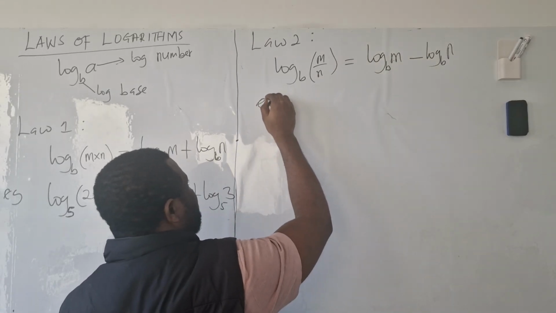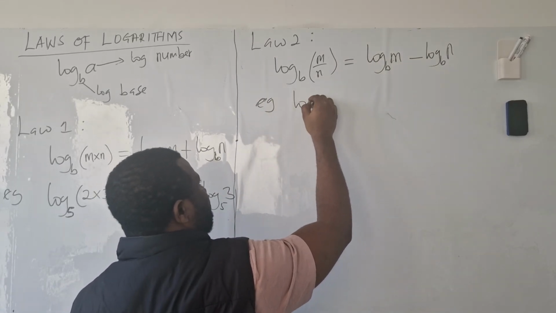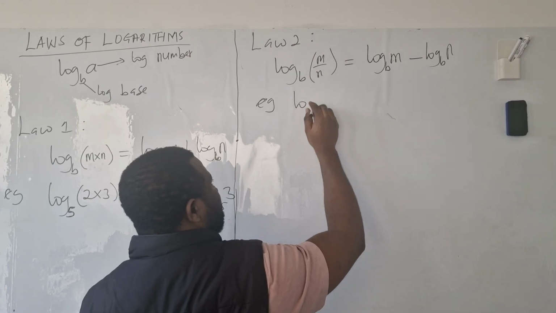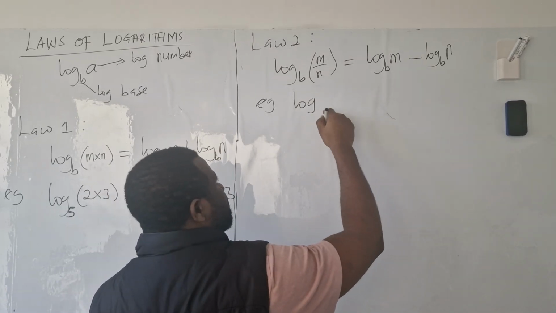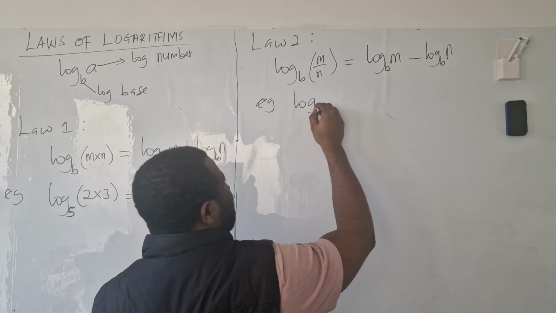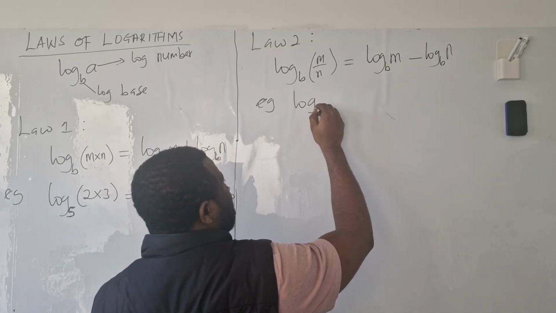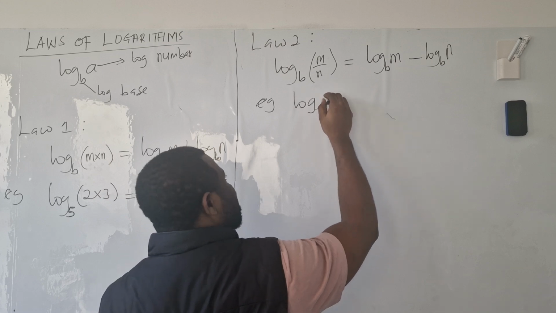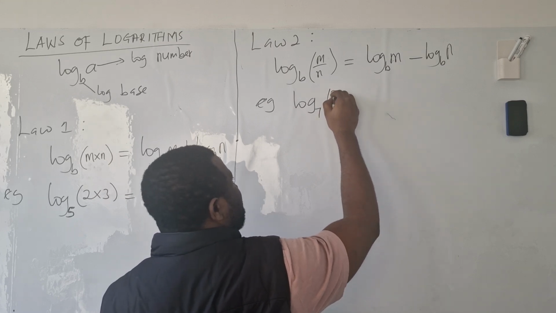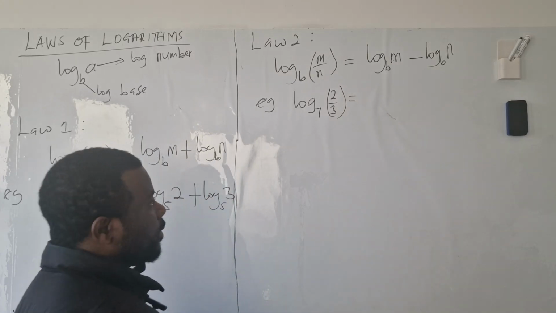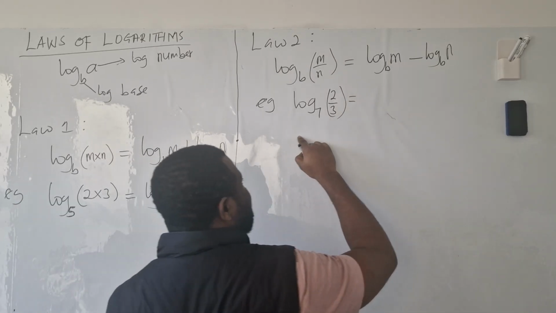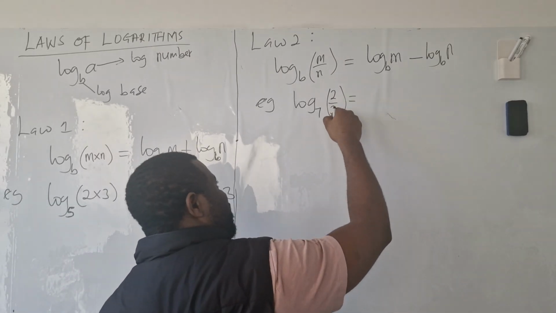Example. Log to the base 7 of 2 on 3. Then we can separate this division of 2.